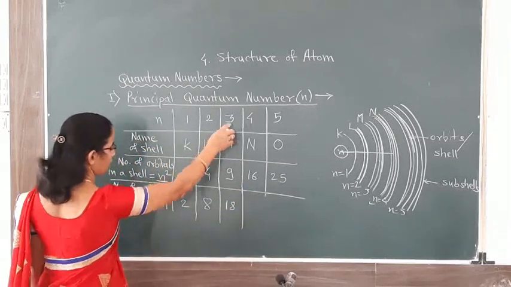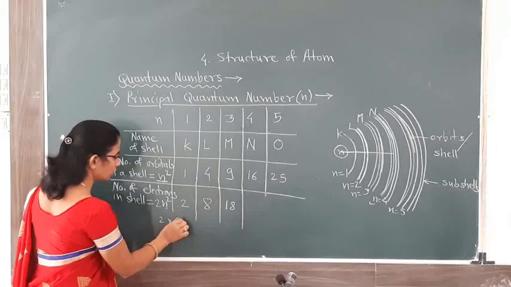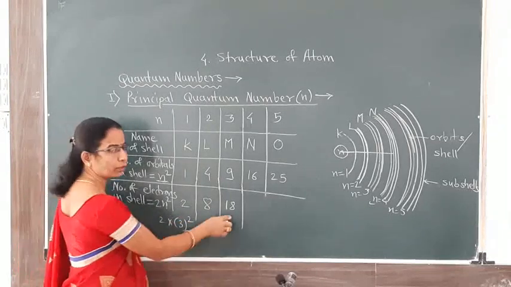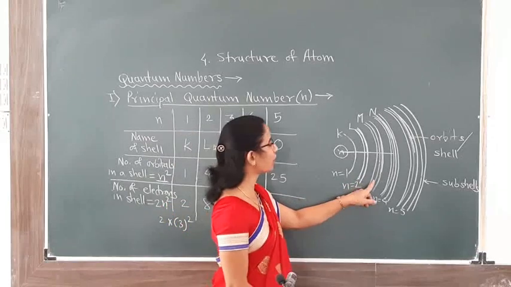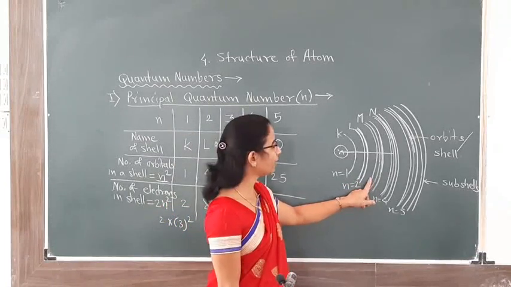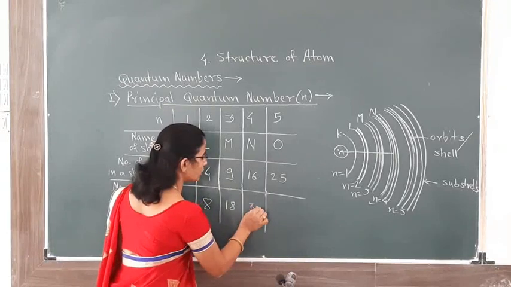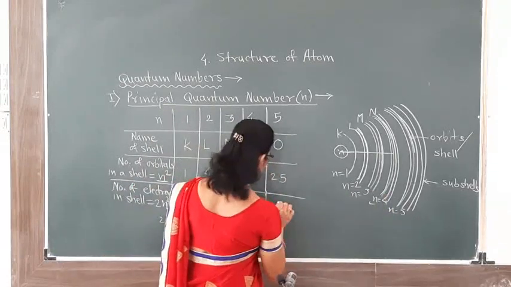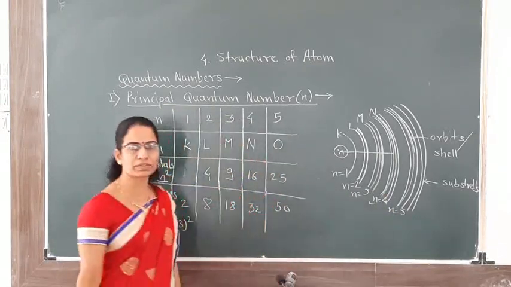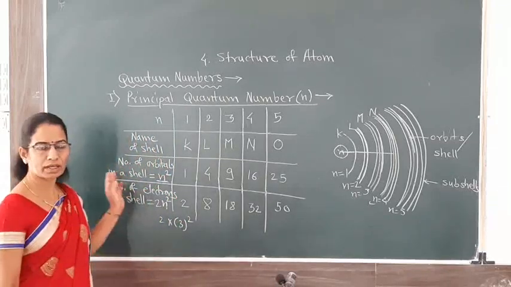Let's see the third shell. 2 into 3 square, that is equal to 18. Means in this third shell actually 18 electrons are revolving. Similarly, in the fourth shell 32 electrons are revolving, while in the fifth shell 50 electrons are revolving.